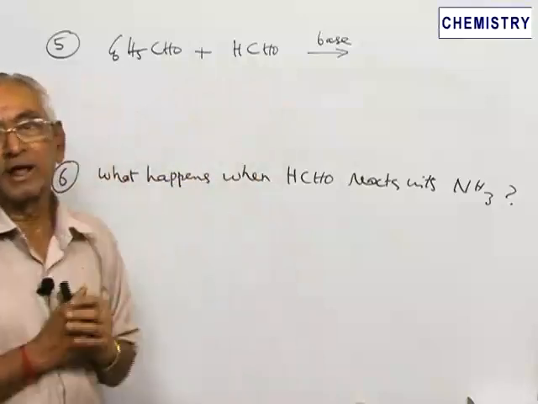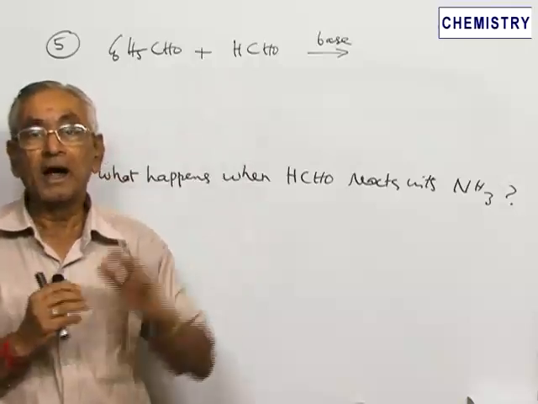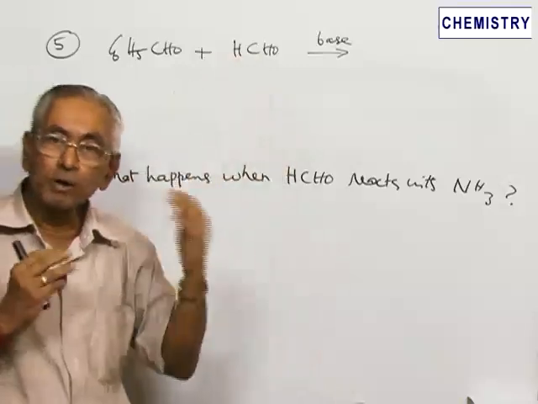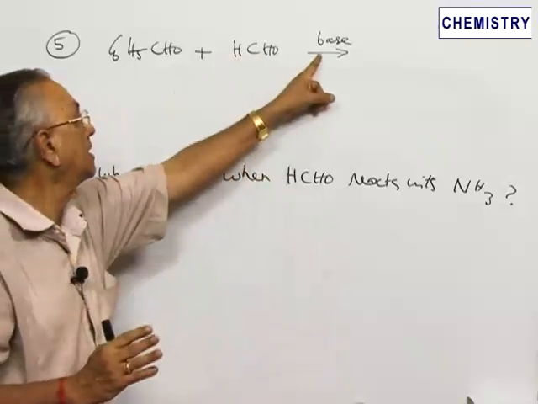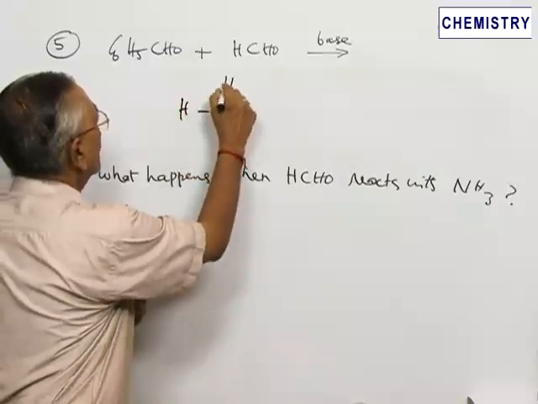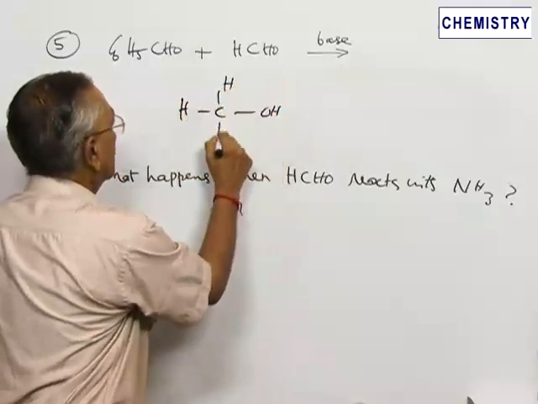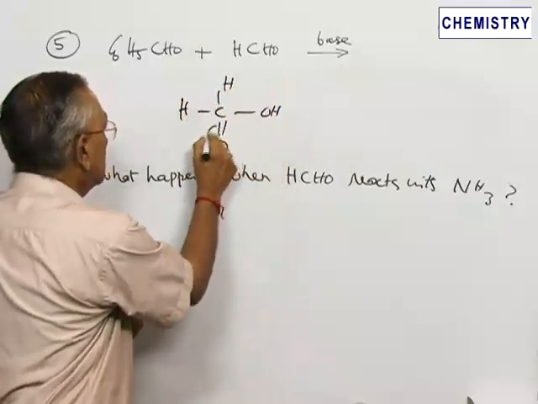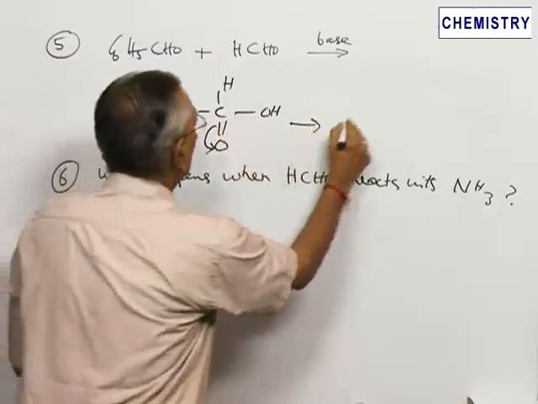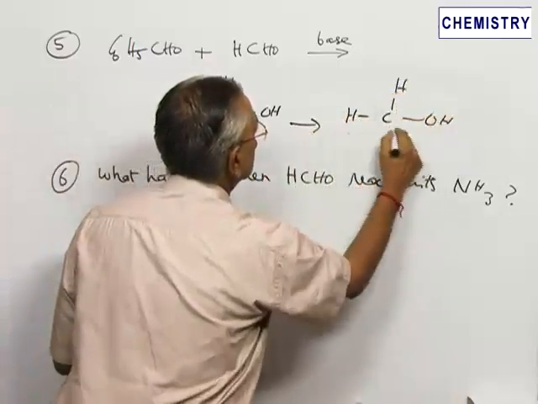Now, another big question arises. In this Cannizzaro reaction, normally a hydride shift occurs. When you take two molecules of formaldehyde, one molecule will be treated with the base. The base will get attached to the carbonyl carbon, and the resulting structure will have an O minus.